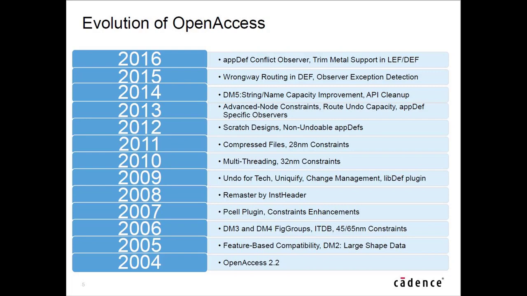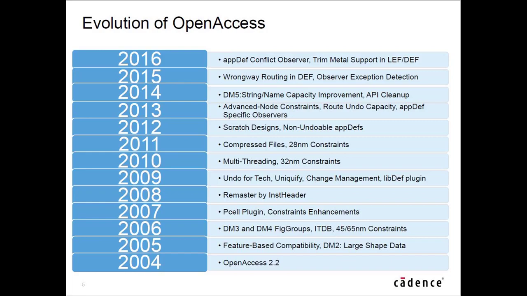We implemented Uniquify, which is harder than it sounds, change management, and a plugin for the libdef file. In 2010, we provided new initial models for multi-threading and more constraint capabilities. In 2011, we created a new database format on disk, which reduces the size of your data files substantially, and for people with slower networks can really improve your read time, more constraints.